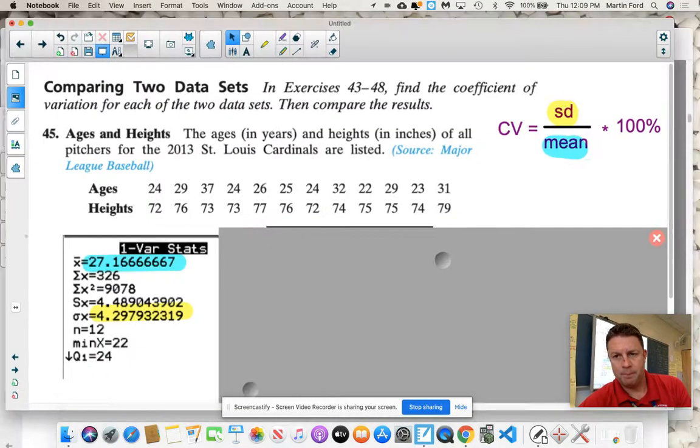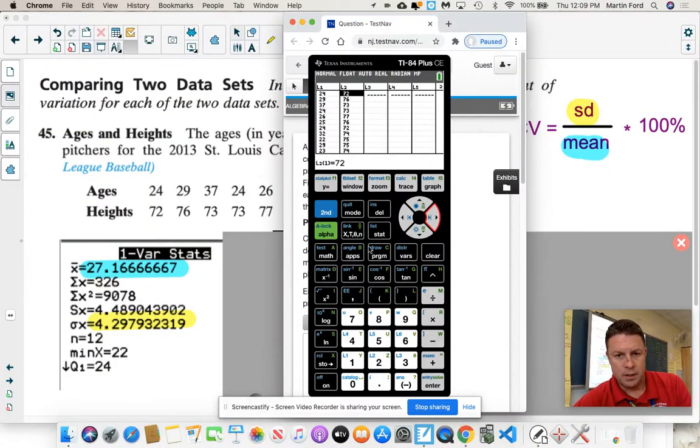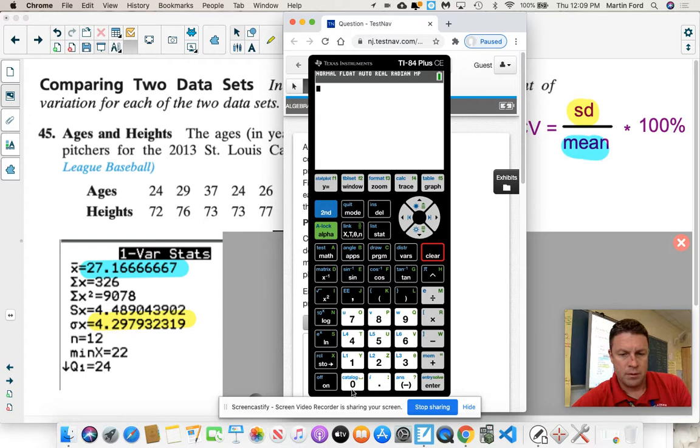So let's bring up our calculator. Inside the calculator, I'm going to go out to the main screen so I can just calculate this. So I'm going to do 4.297, and then I'm going to divide that by the mean. So it's standard deviation over the mean.